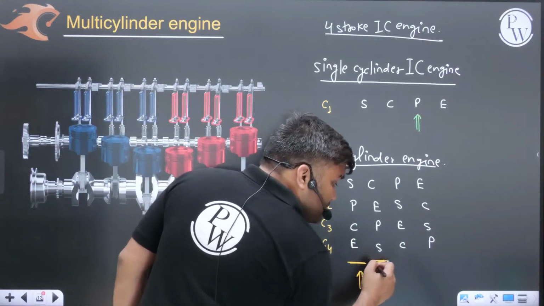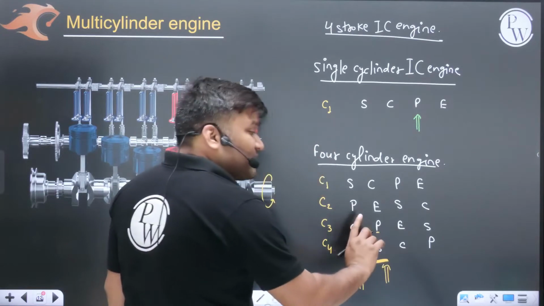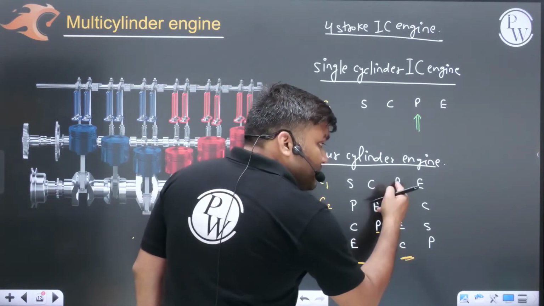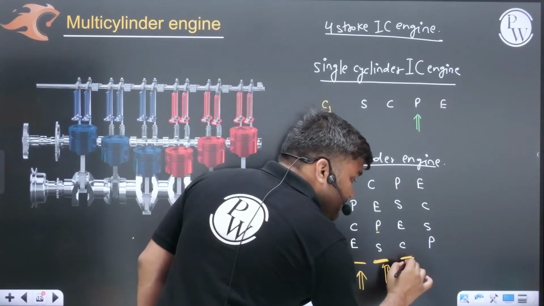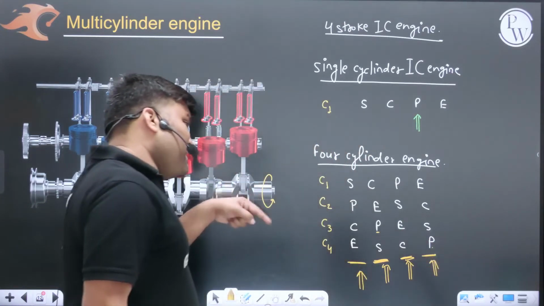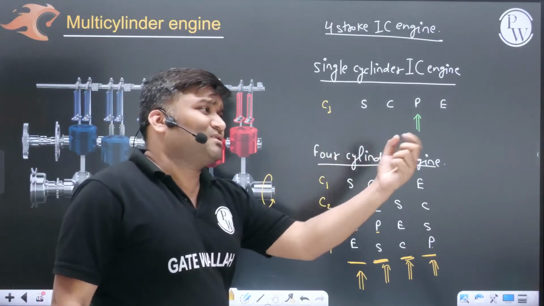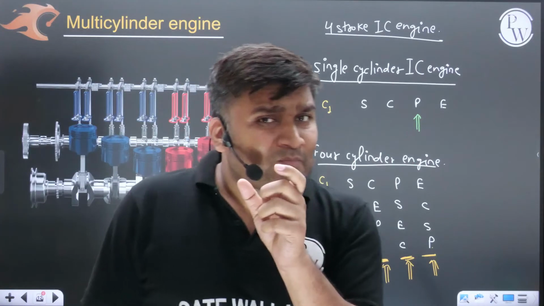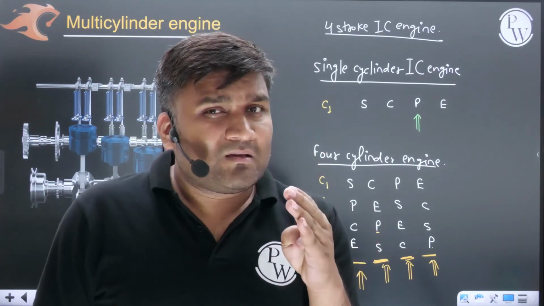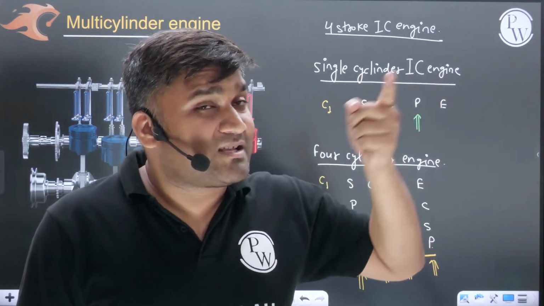In the second stroke, here C3 cylinder gives power. Here C1 cylinder gives power, sir, here C4 cylinder gives power. So during the entire rotation, all strokes, from 0 to π, π to 2π, 2π to 3π, 3π to 4π, in the entire cycle sometimes C1 is giving me power, sometimes C2, sometimes C3 cylinder is giving me power.